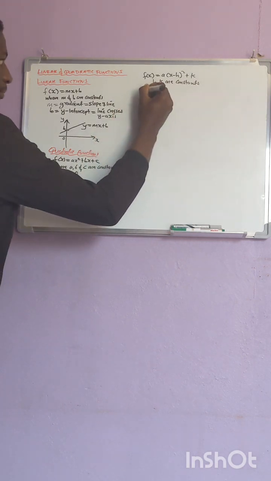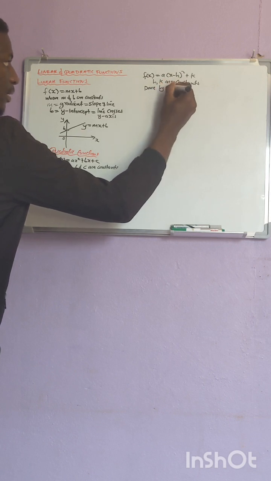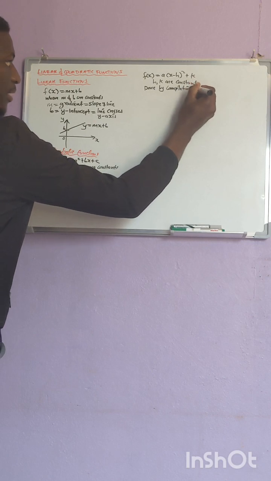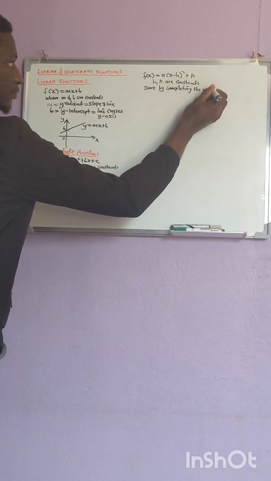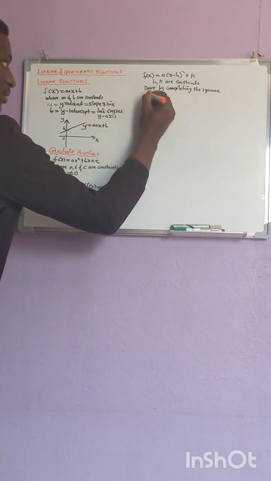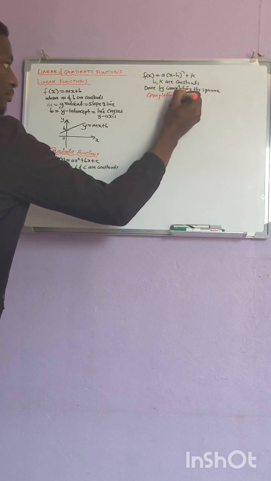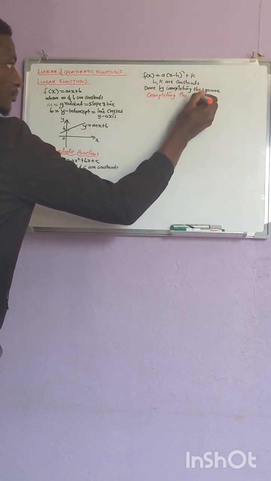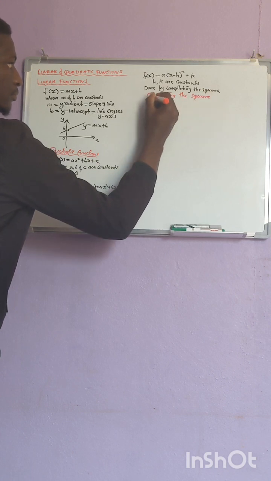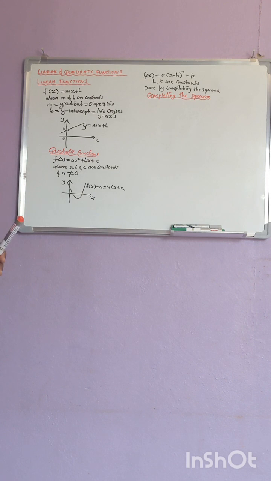This is done by completing the square. So how do you complete the square? Let's look at completing the square.